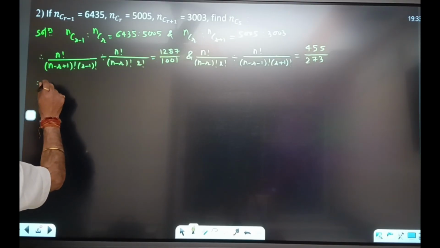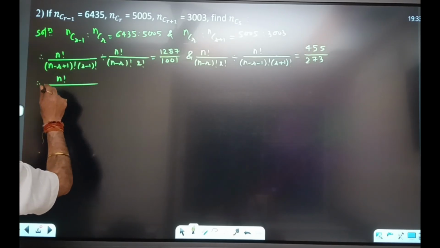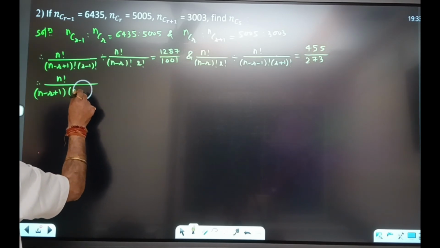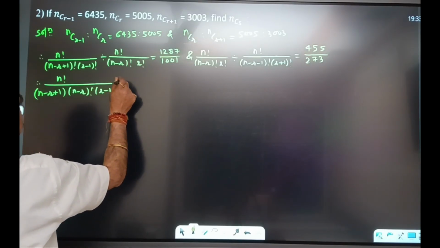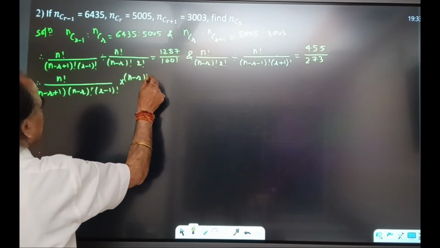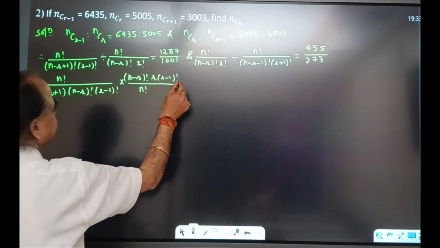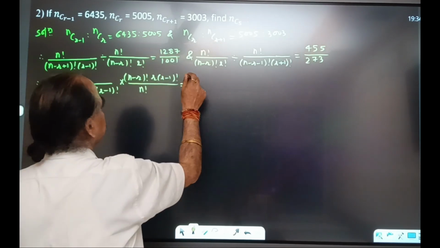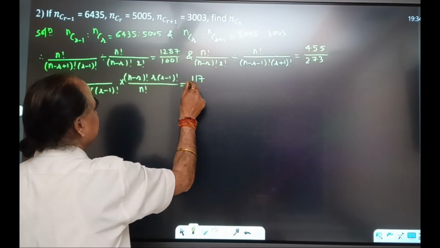Now n factorial upon n minus r plus 1 can be written as n minus r plus 1 into n minus r factorial into r minus 1 factorial, multiplied by n minus r factorial. r factorial can be written as r into r minus 1 factorial, divided by n factorial is equal to, we can cancel 11. 11 1 is 11, 11 7 is 77.